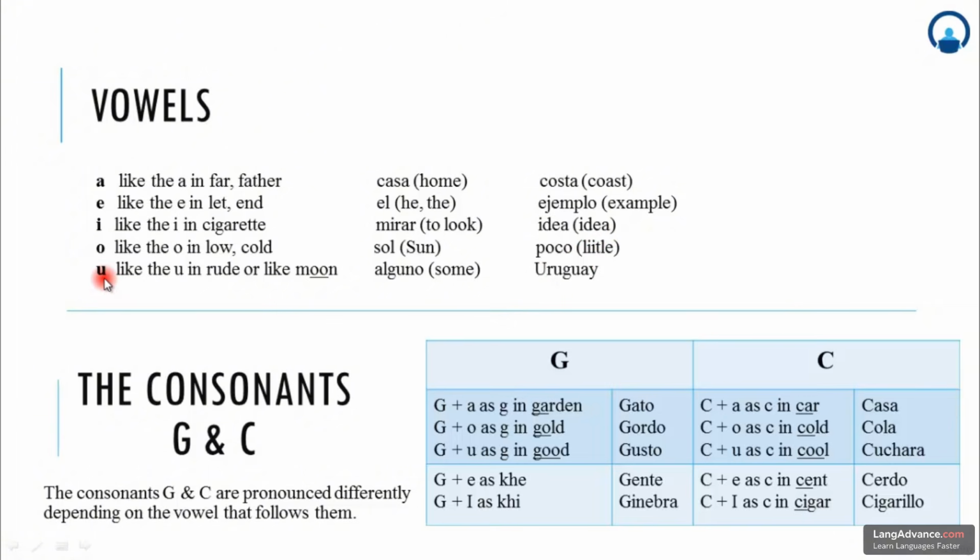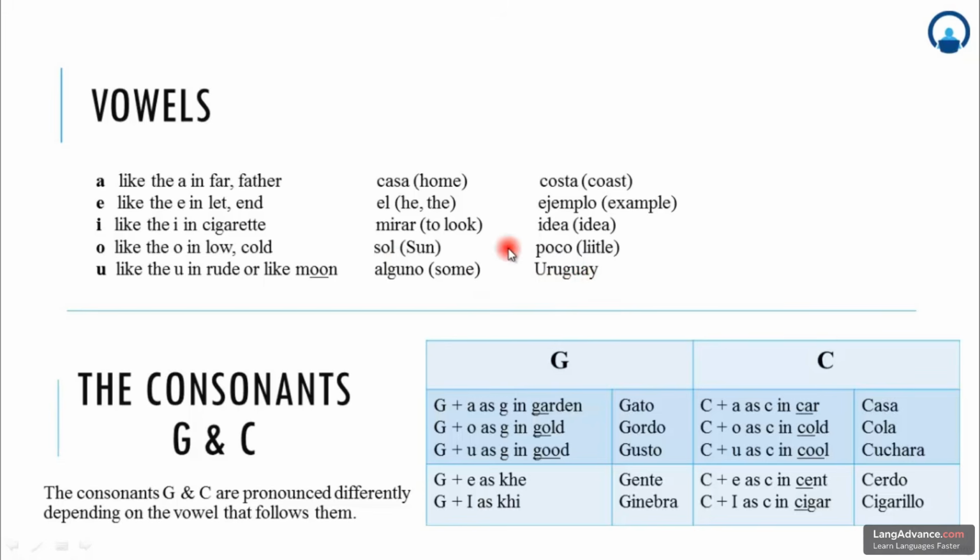Next letter, U, just as we get a pronunciation in the word rude or in the word moon. Examples of this vowel in words are alguno, that means some, and Uruguay, that's a country.